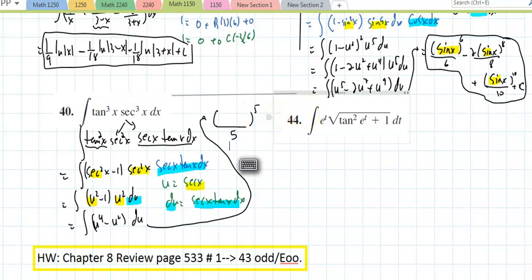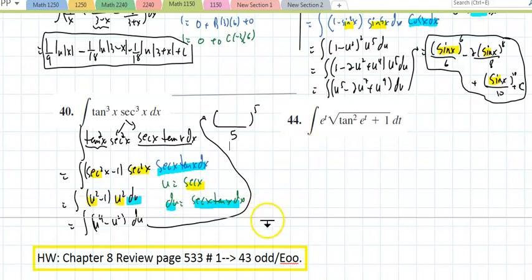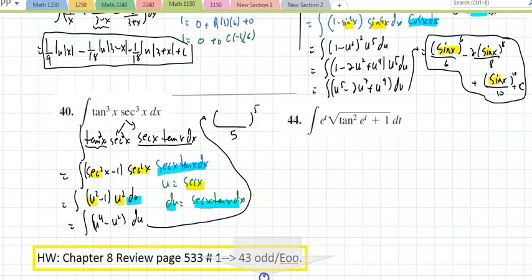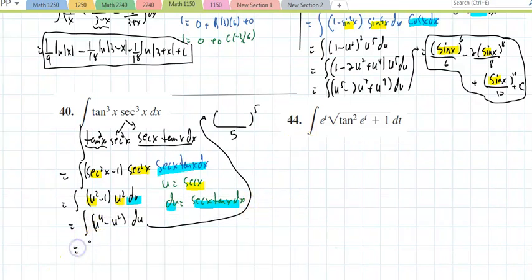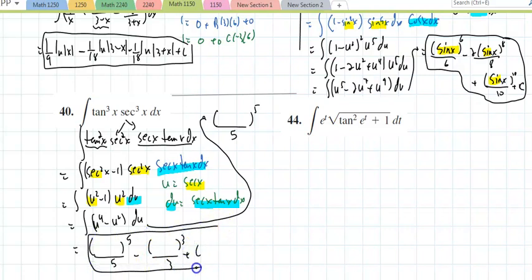Maybe I could just push that down a bit more. This way I have room for the other problem. So this is going to be u to the 5th power over 5 minus u to the 3rd power over 3 plus c. And what was u again? U was given to be a secant of x. Of course, you could write the secant to the 5th of x and the secant cubed of x if you wish. And let me leave it as is.